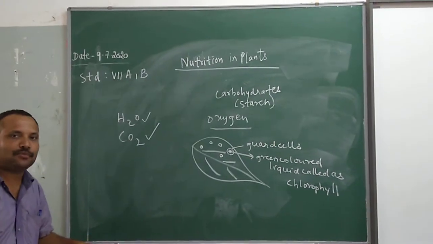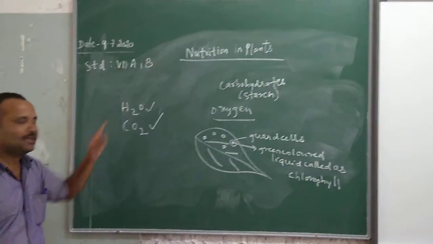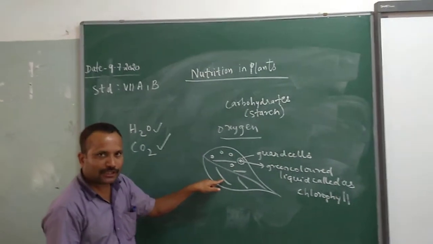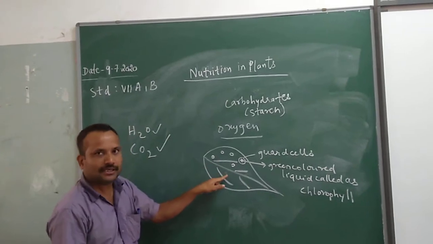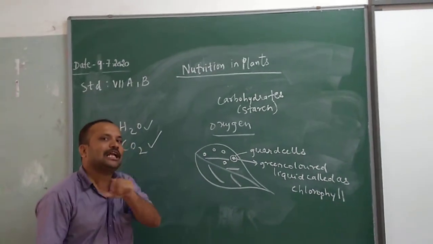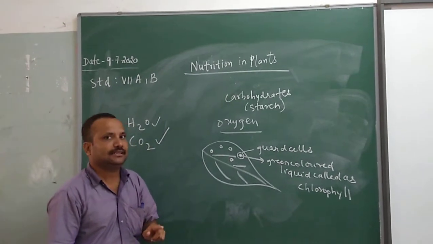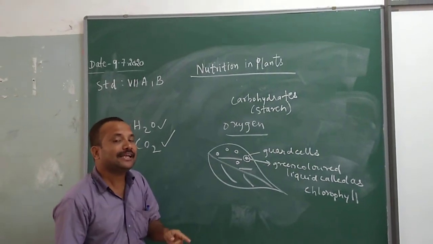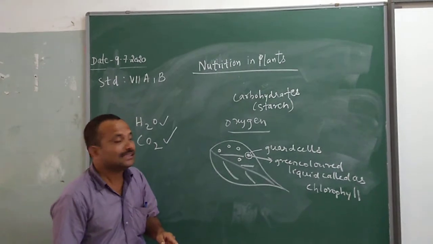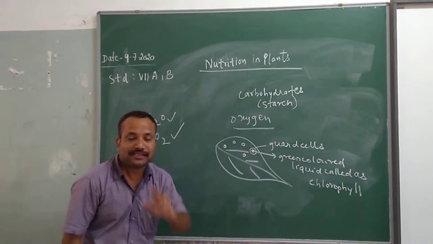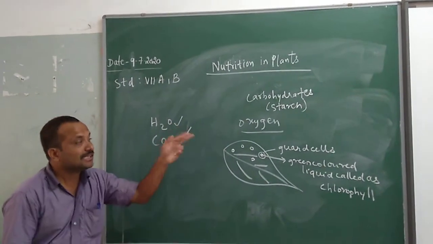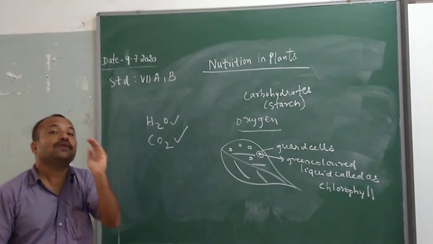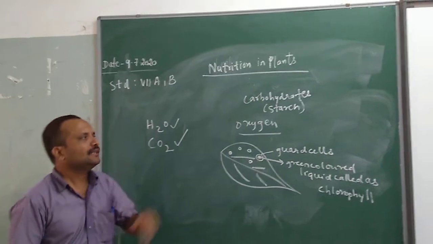Carbon dioxide I get from the atmosphere. Water I get from the soil, where it is transported to the leaves. Leaves contain chlorophyll, which can absorb the sunlight. Photosynthesis takes place in the presence of sunlight, and we get carbohydrates, which we can call by another name, starch. Starch is the stored food in the plants.